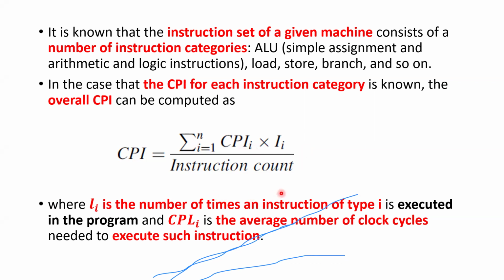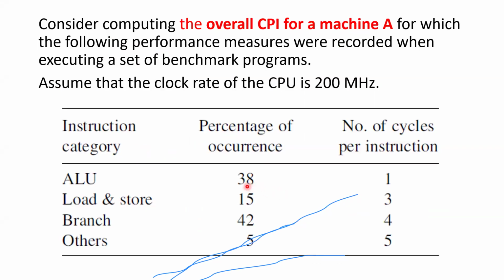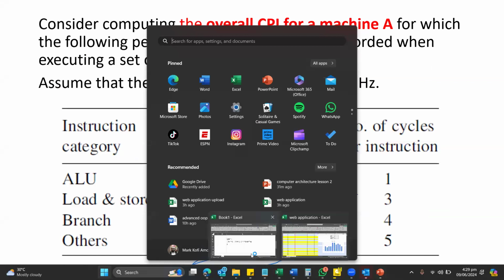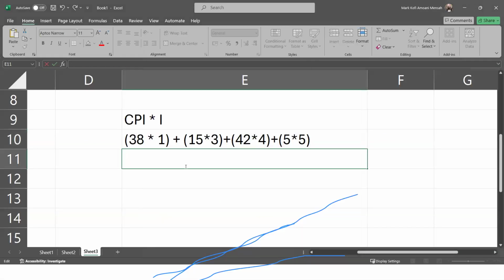The bottom half of the equation is the instruction count you were looking at. So if I come back here, I'm looking at 38 plus 15 plus 42 plus 5. So back to my Excel again, I am looking at 38 plus 15 plus 42 plus 5.